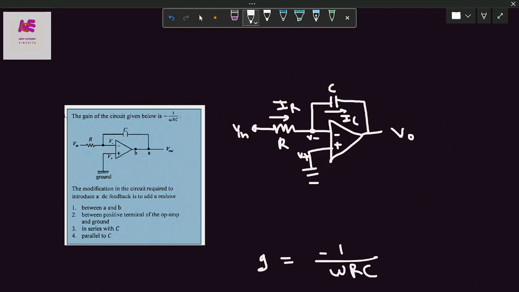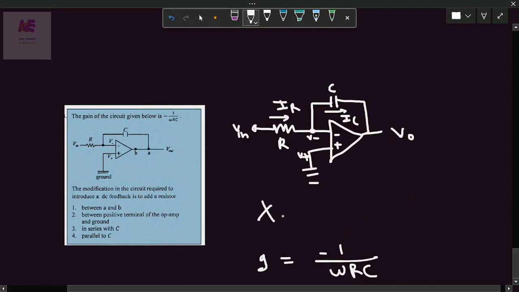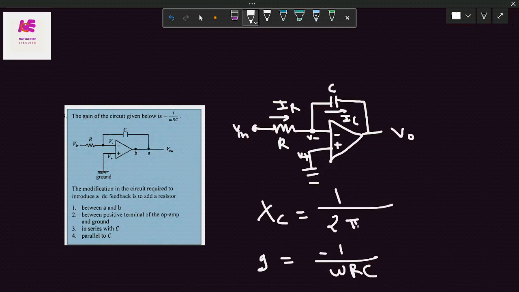The reactance of the capacitance depends on the frequency, and that is 1 upon 2 pi fC. If high frequency, you can imagine ideal like infinity, 1 by infinity will be 0. This will be a short circuit, which means that at high frequency, the capacitor will be short circuited.